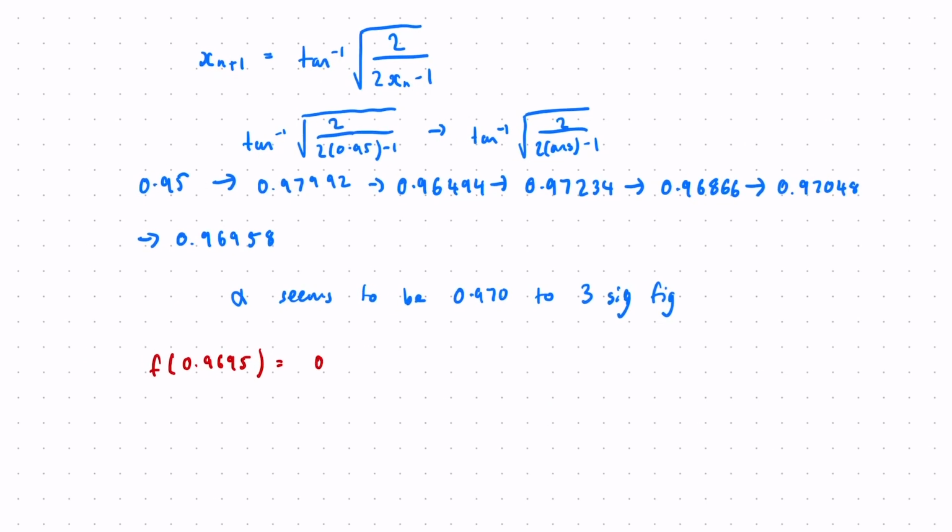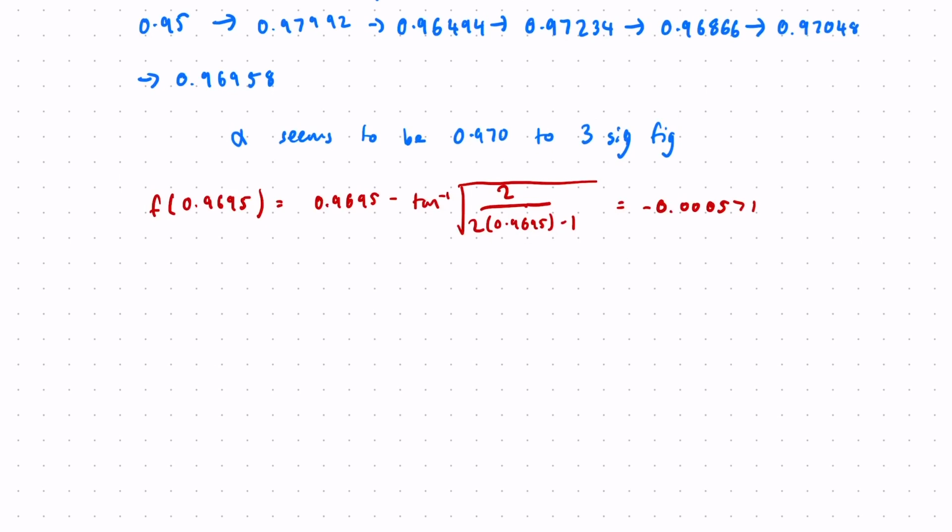So 0.9695 minus the inverse tan of root 2 over 2 lots of 0.9695 minus 1, which gives me a value of minus 0.00571.